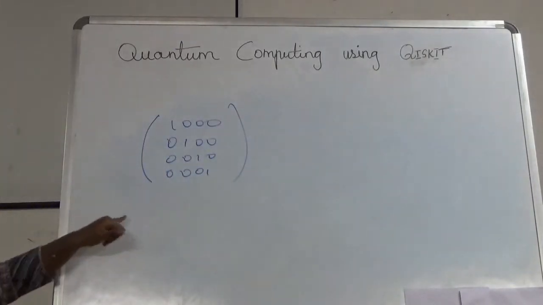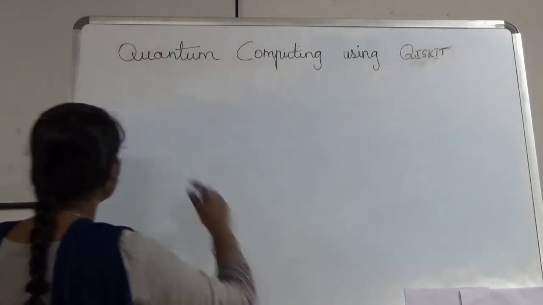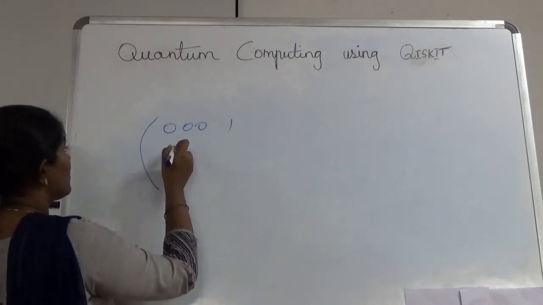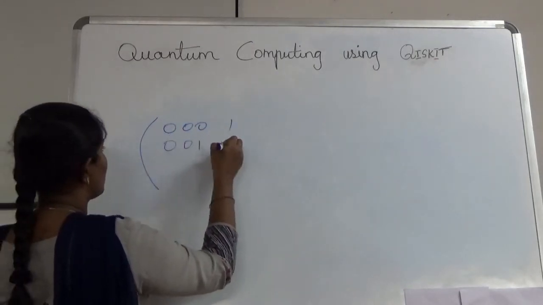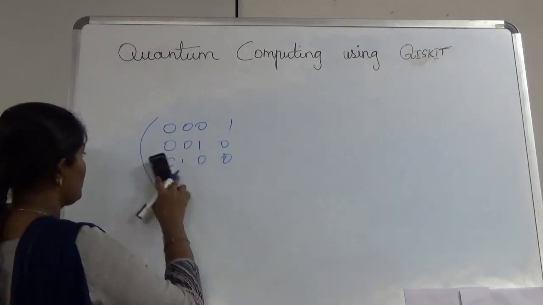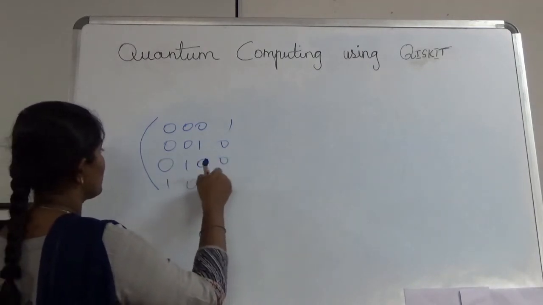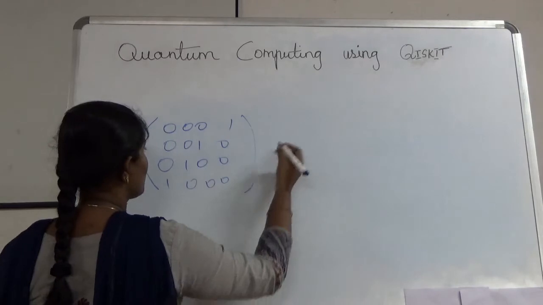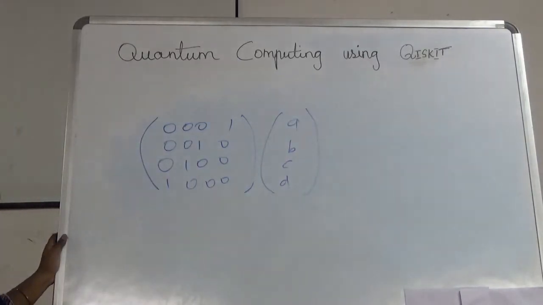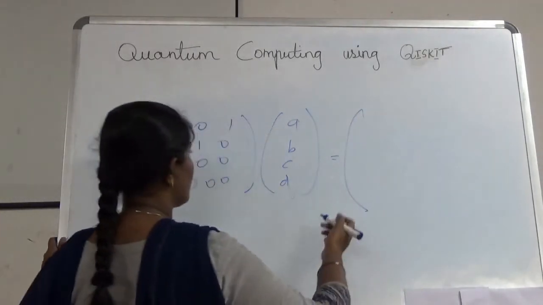If we flip the identity matrix, it will give us the negation matrix, which will flip the column.